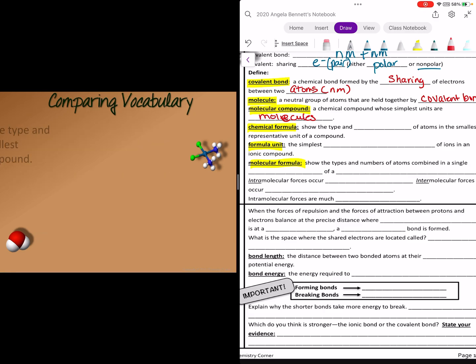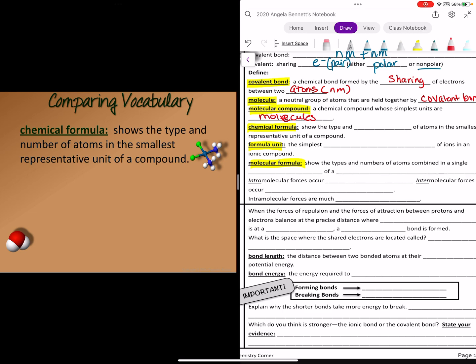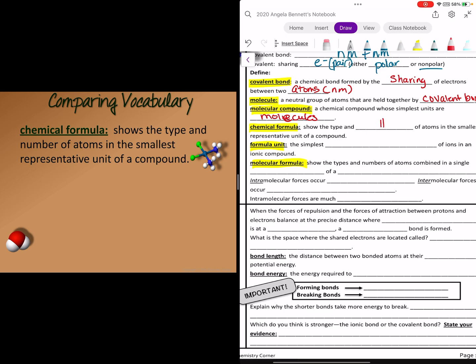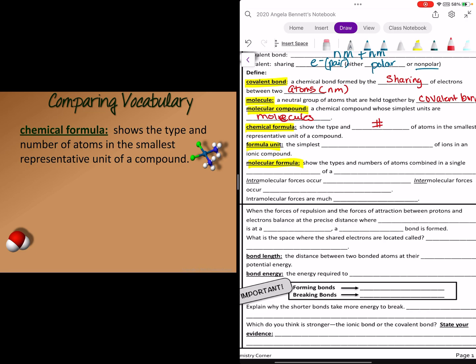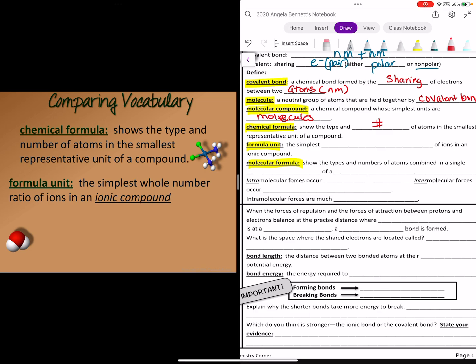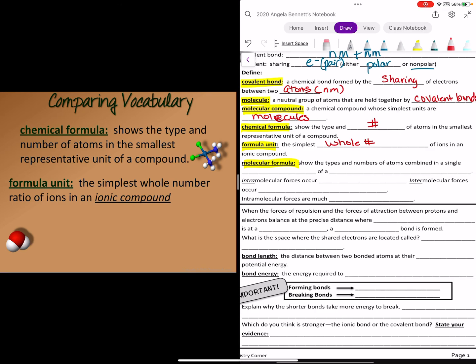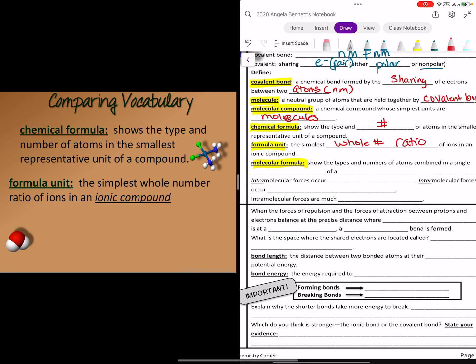Chemical formulas show the type and number of atoms in the smallest representative unit of that compound. The formula unit is the simplest whole number ratio of ions in an ionic compound.